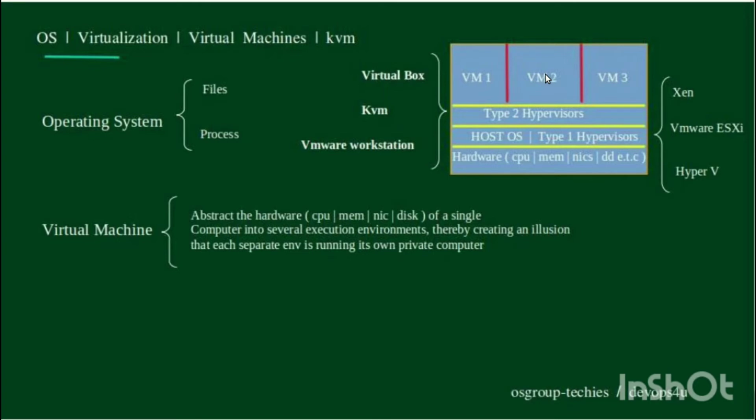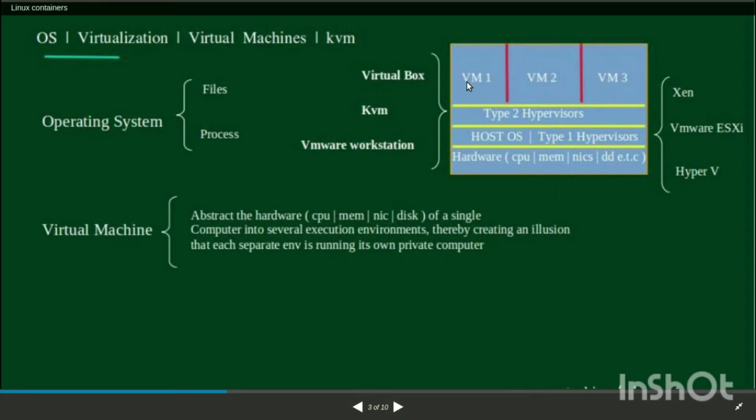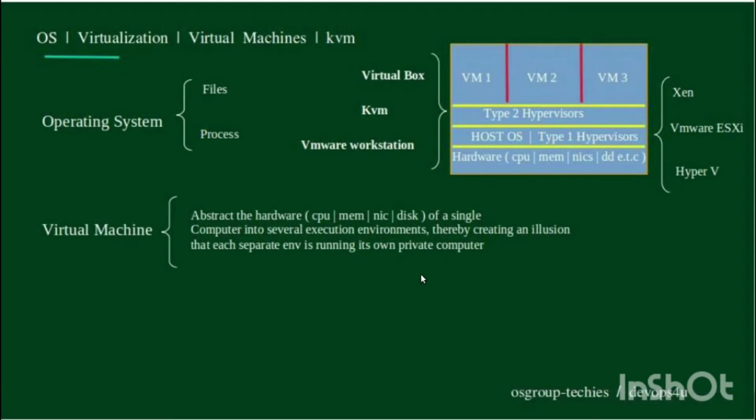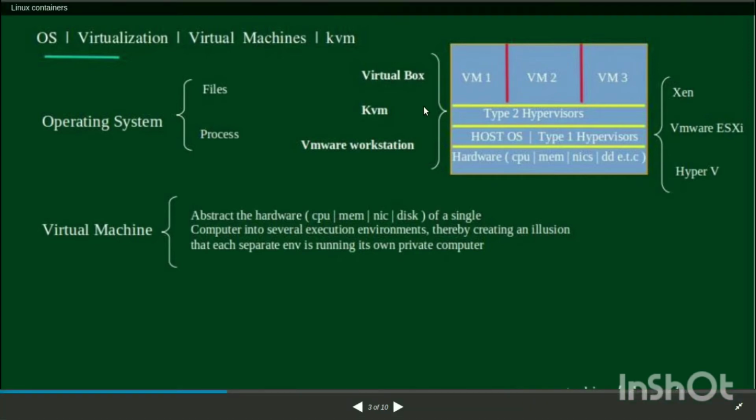So as you can see, a virtual machine is like a separate execution environment, and it will give you the look and feel of a single virtual operating system with hardware. These are the examples: VirtualBox, KVM, and VMware Workstation are examples of type 2 hypervisors, which sit on top of your host operating system.